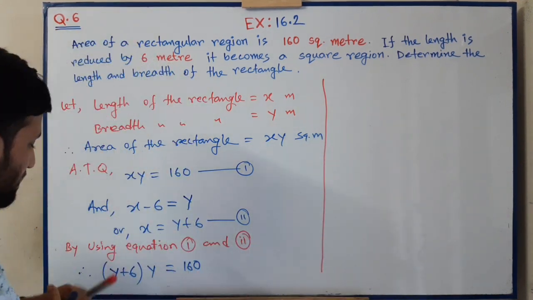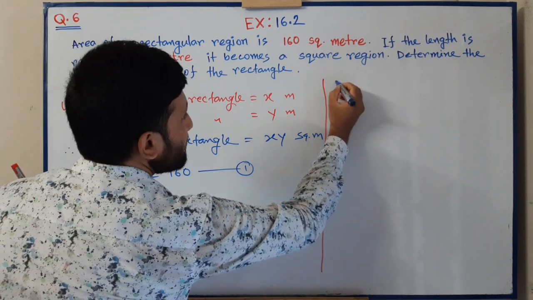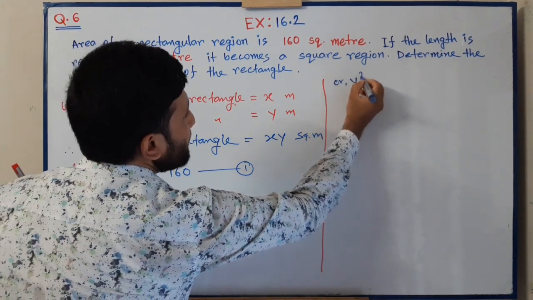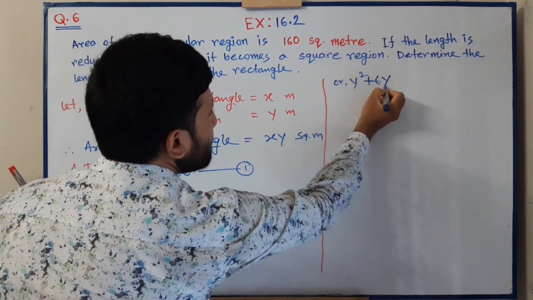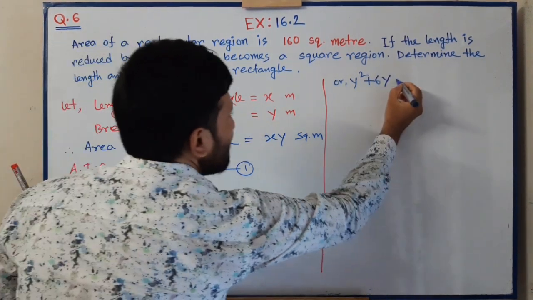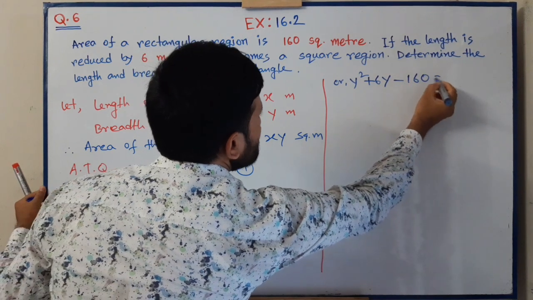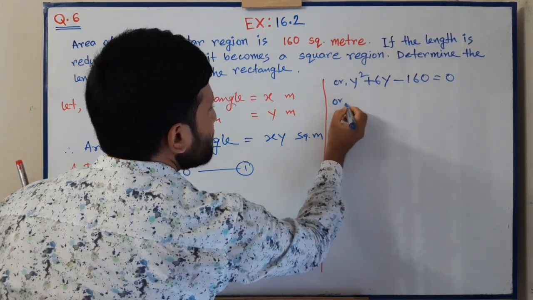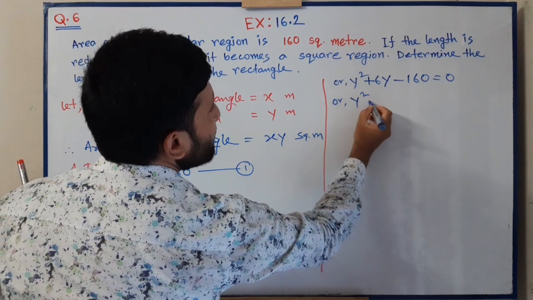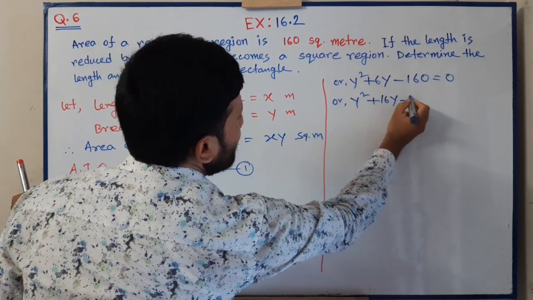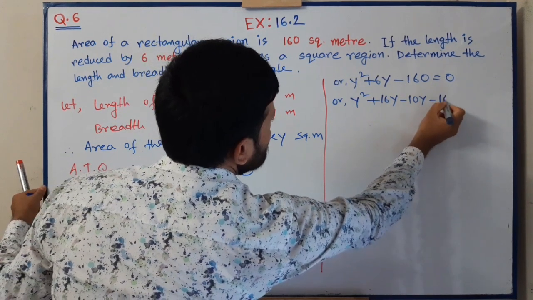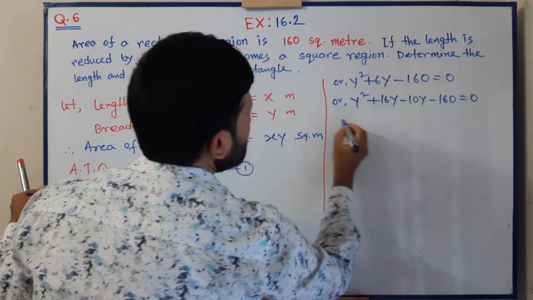We can write y plus 6 into y, that means y square plus 6y minus 160 equal to 0. So by using middle term splitting we can write y square plus 16y minus 10y minus 160 equal to 0.